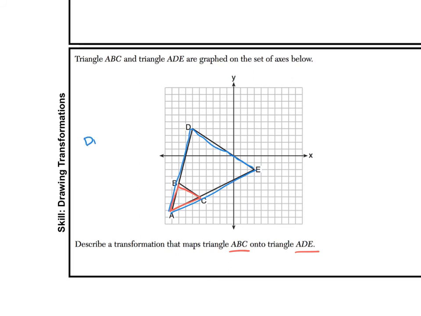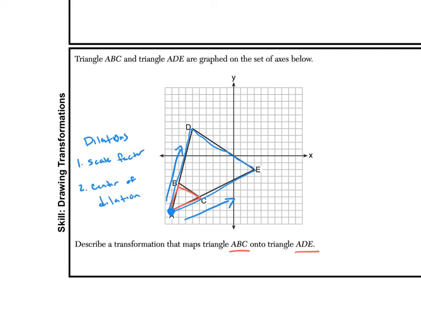For dilations, you always have to talk about 1, the scale factor, and 2, the center of dilation. Now the center of dilation here is easy. It's the point that everything's moving away from. So right here, A is your center of dilation. See how all the lines are moving away from that? So that's easy to do.